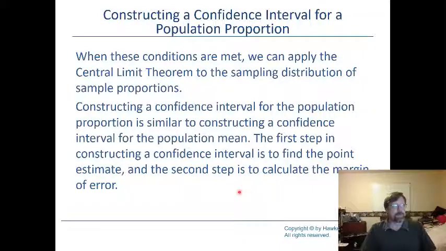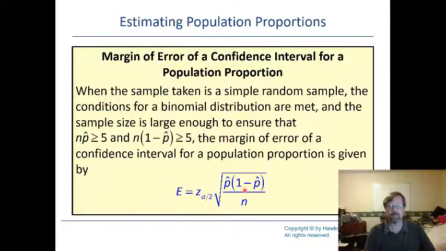If these are met, we can apply the central limit theorem and make a confidence interval just like we did for estimating the population mean. All right. We use this formula here.